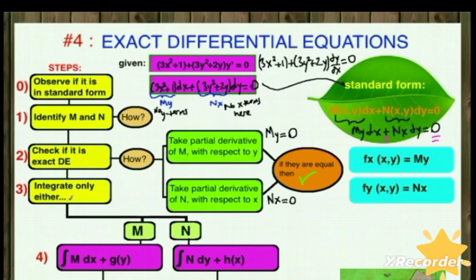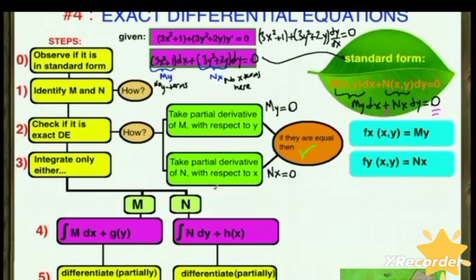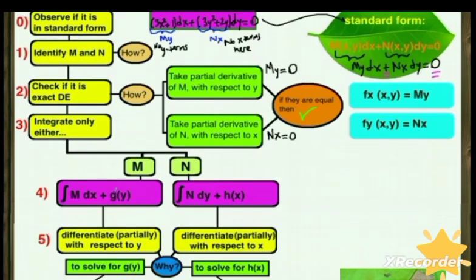Step 3 is the integration. We are going to integrate only one side of the whole equation, either the M part or the N part. If you go this path, you're going to integrate M with respect to x, and you're going to add some function g of y instead of constant c.